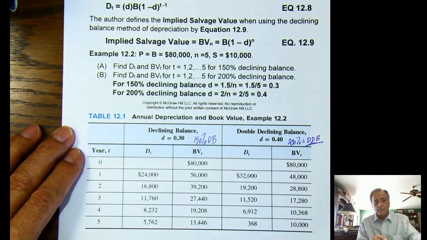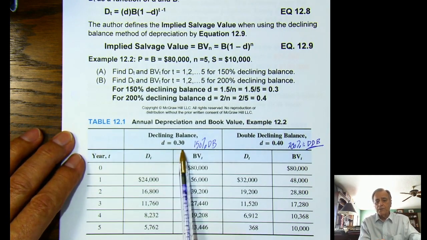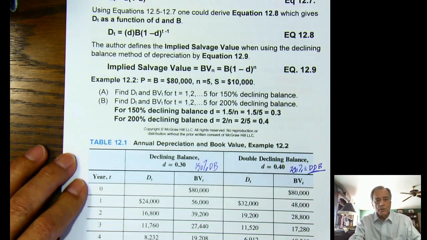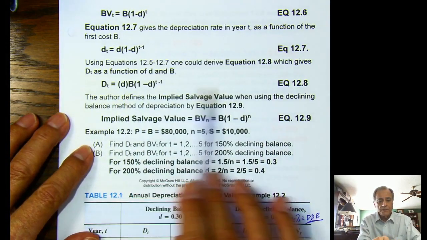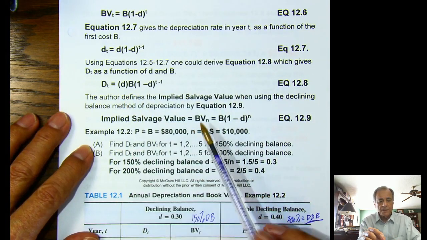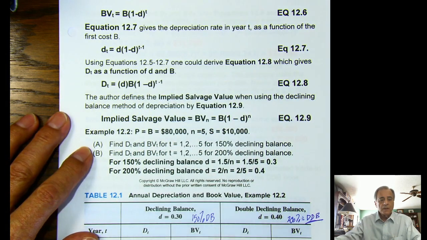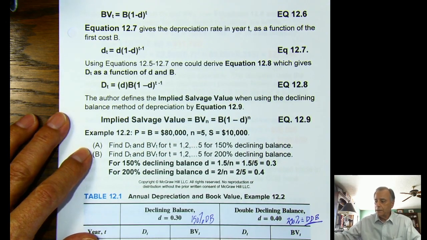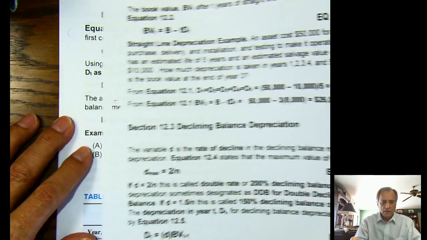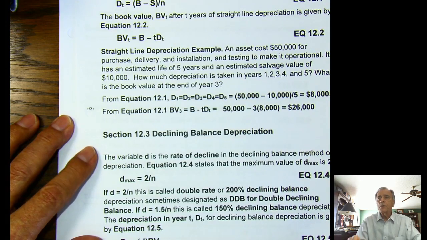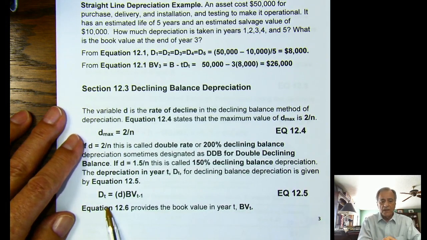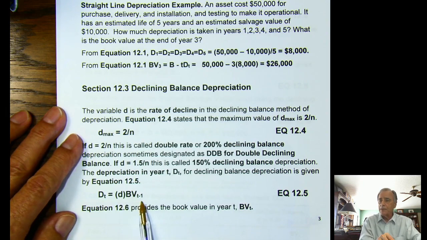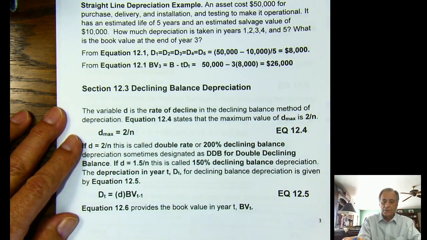So when d is 0.3, let's see which equation. I think it's the first one. According to equation 12.5, the depreciation in year t is d times the previous year's book value. So that's what the author's using.